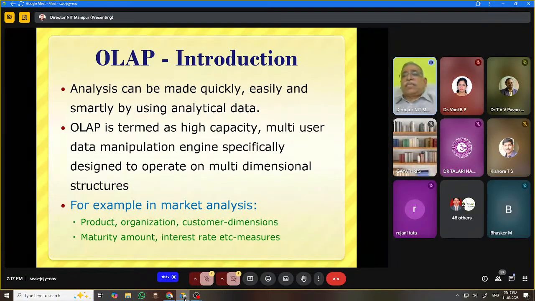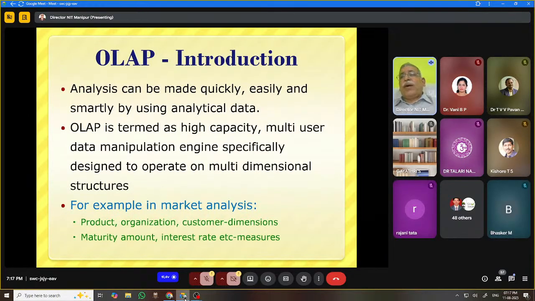So your data structures and different perspectives are taken into consideration. Yesterday I talked about data warehousing, which is subject-oriented. The subject-orientedness gives you different dimensions or perspectives of the data. Under these perspectives, we combine and prepare a model, and then we do the analysis on top of the model. That's why it's a high-capacity multi-user DML engine.